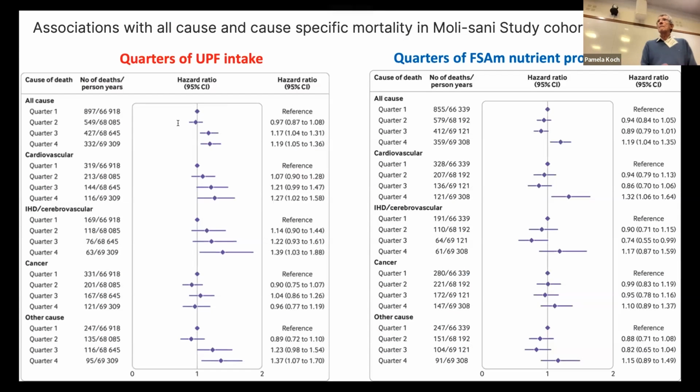So what they did, they took Italian cohorts called Molisani, and they divided the participants of the cohort according to the consumption of UPF, taking the lowest consumers, intermediate, and highest consumers, and they compared the increasing UPF intake with the risk of all these outcomes: mortality, all-cause, cardiovascular, cancer, et cetera.